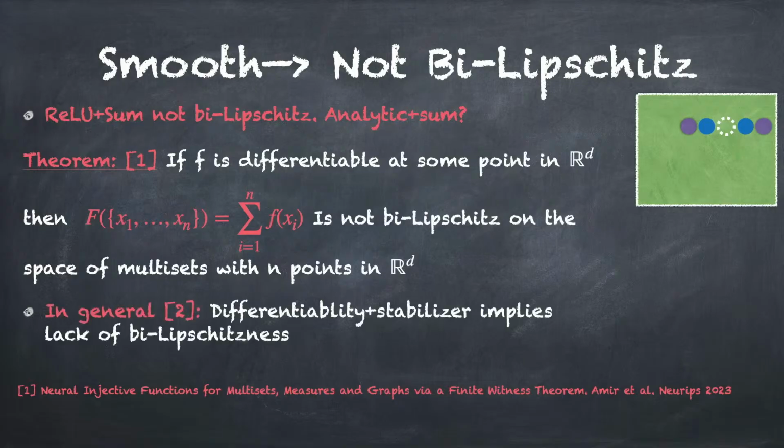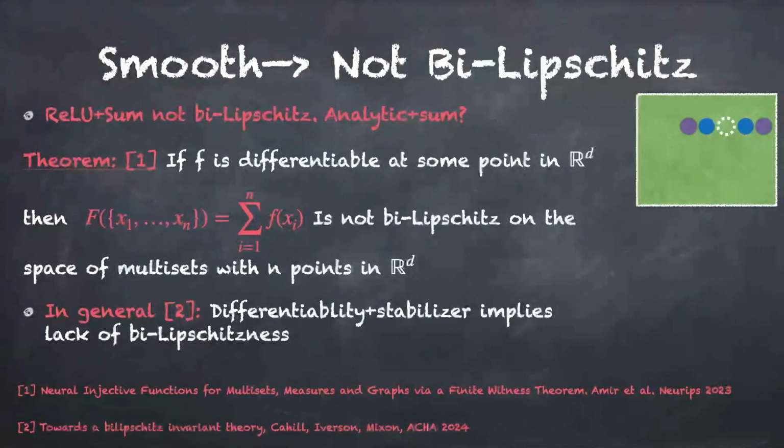This is also part of a more general result from this paper, where if you have some sort of group invariant structure and you have points with non-trivial stabilizers, then differentiability always implies lack of Bi-Lipschitzness, maybe up to some trivial assumptions.